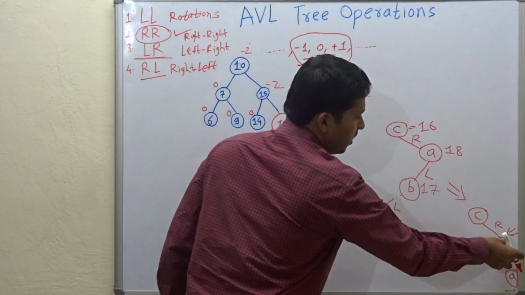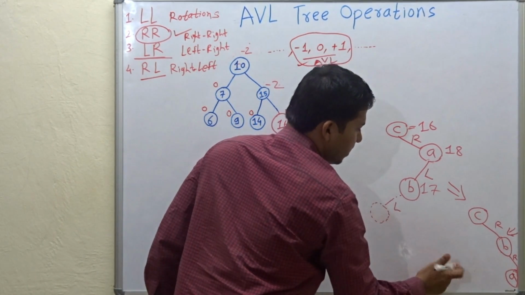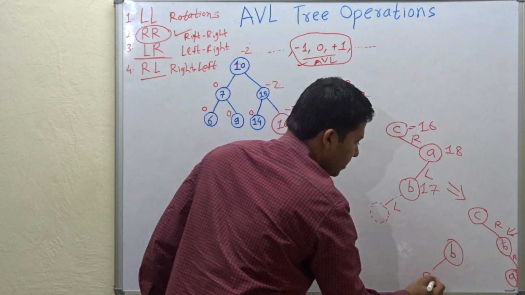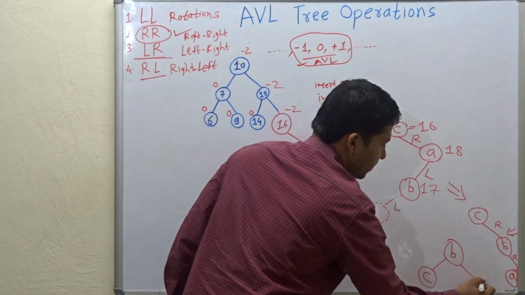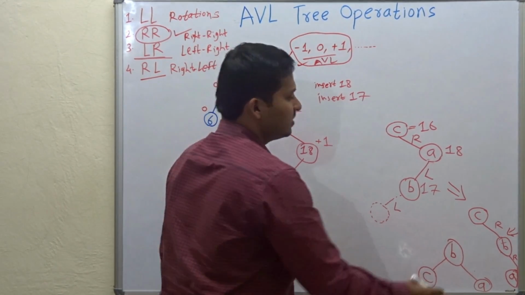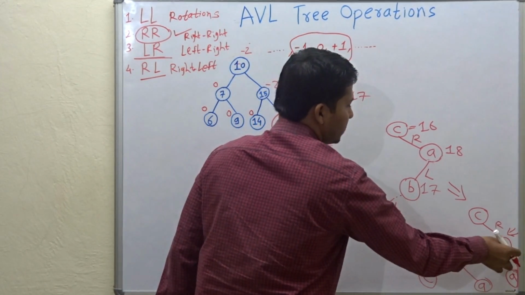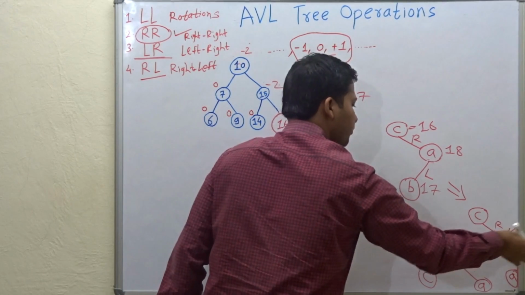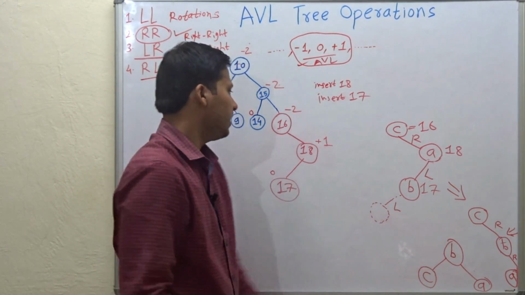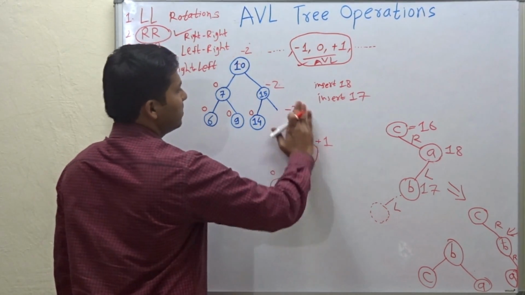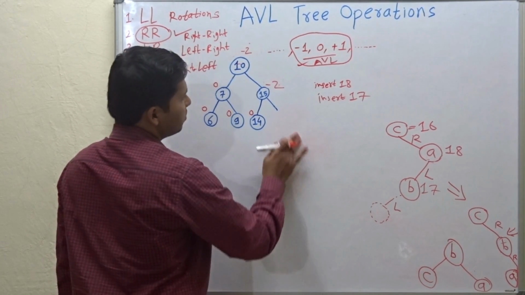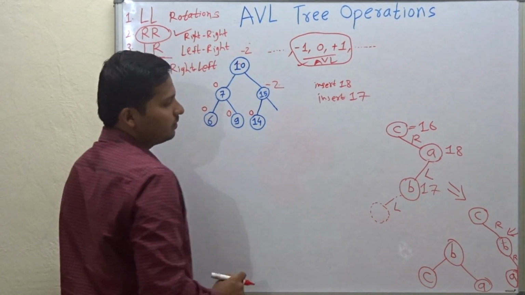So if we pull B, B will be the root, C will come on the left side and A will be on the right side. So C on the left side, A on the right side, and B is in the middle, that is the root for that subtree. So we have pulled B. Now obviously B, C, A, just write that balanced branch here at the place of the imbalance node.